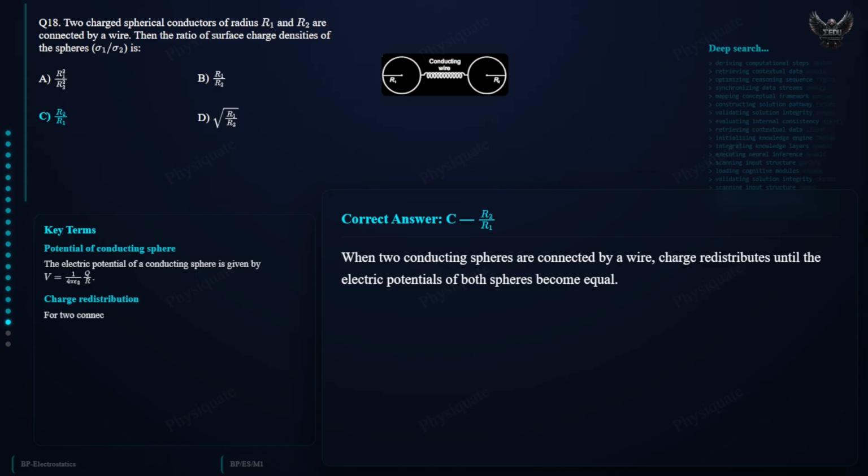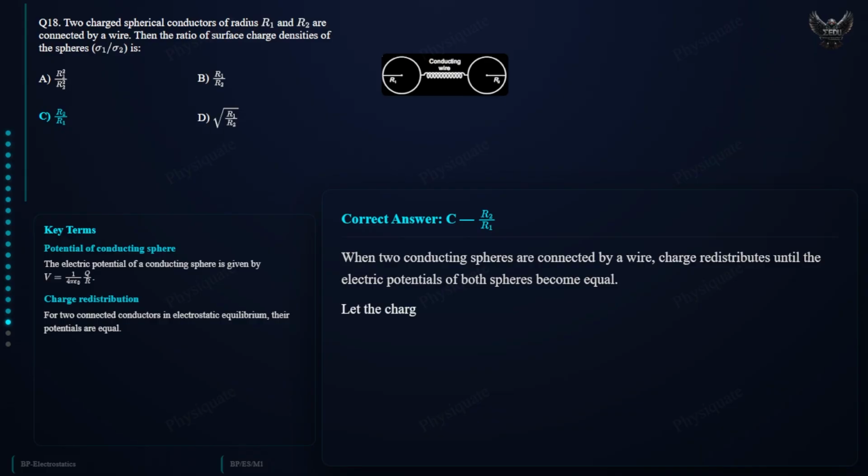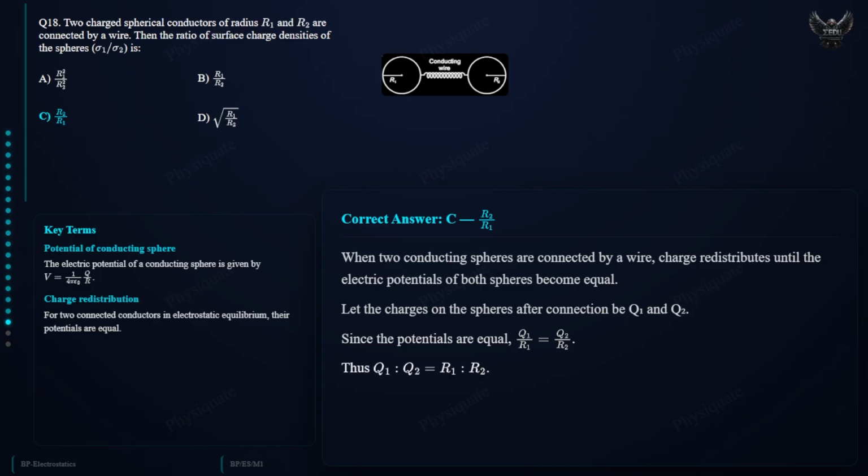For two connected conductors in electrostatic equilibrium, their potentials are equal. Let the charges on the spheres after connection be Q1 and Q2. Since the potentials are equal, Q1 divided by R1 equals Q2 divided by R2. Thus Q1 divided by Q2 equals R1 divided by R2.